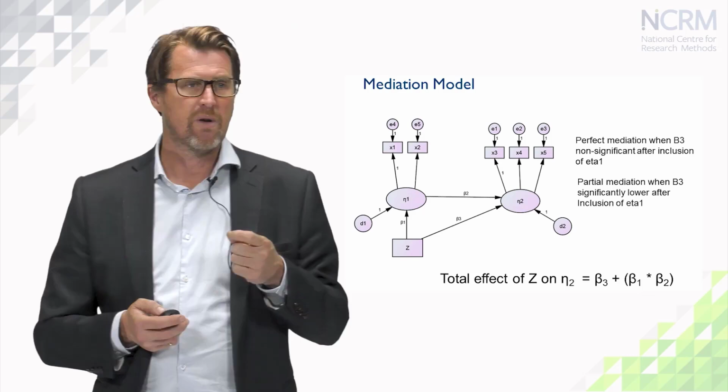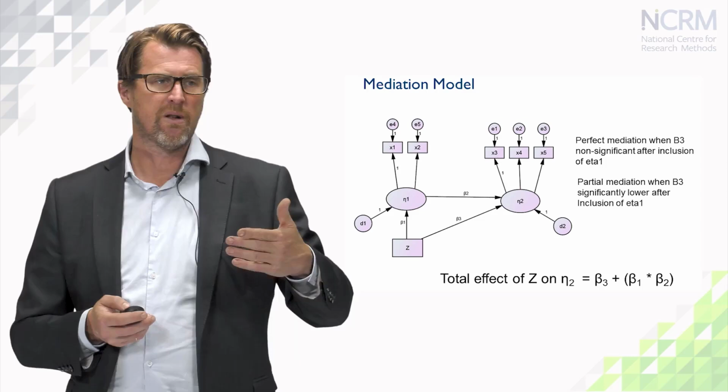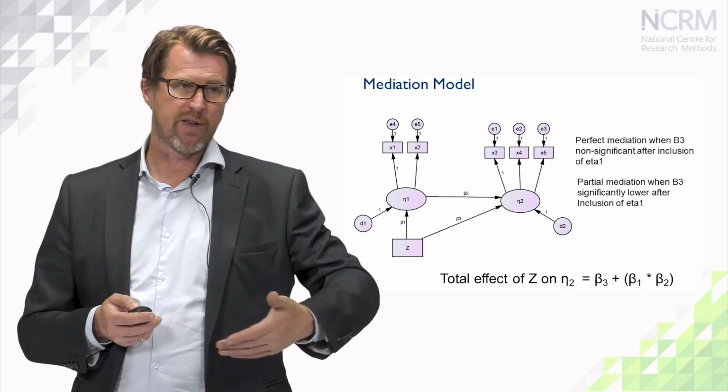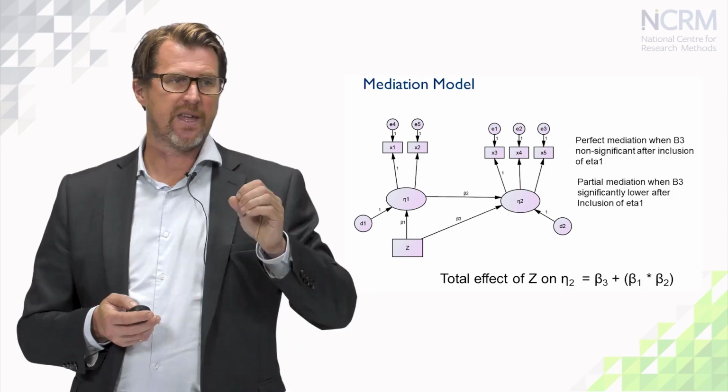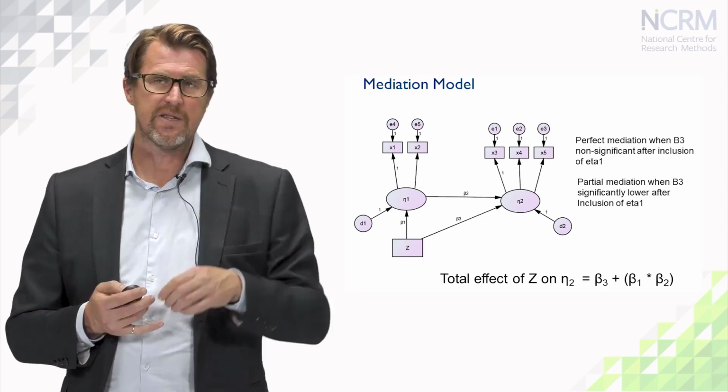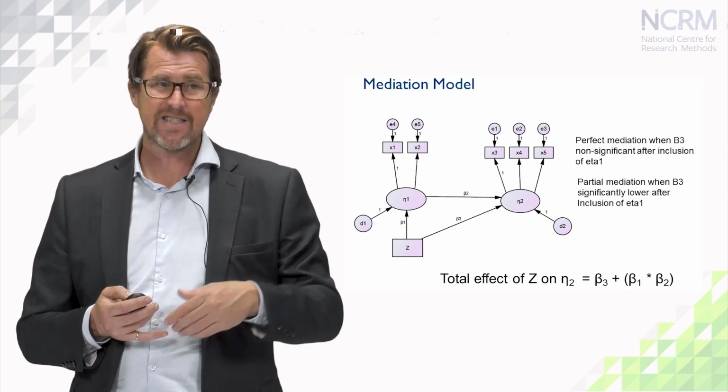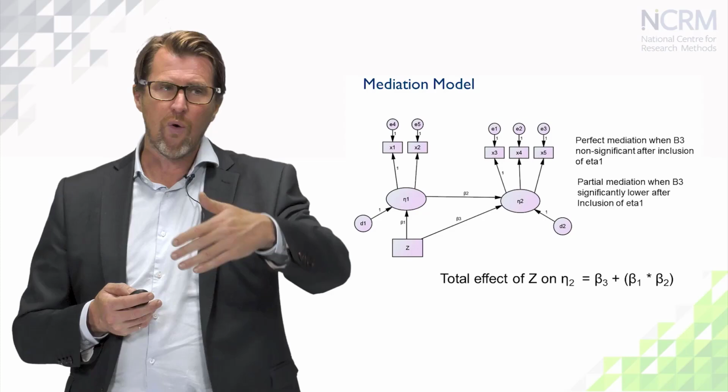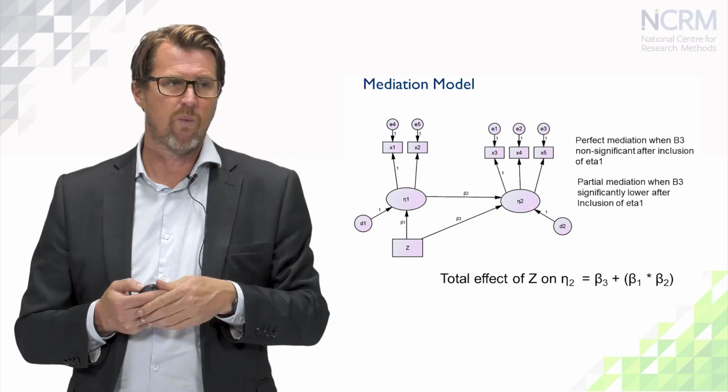For example, if we fitted a model that just regressed eta 2 on Z and we found a significant and substantial effect there, then if we add in the eta 1 predictor, if the effect of Z now becomes non-significant, but the indirect effect is significant, then we would refer to this as perfect mediation. All of the effect of Z on eta 2 flows through eta 1.